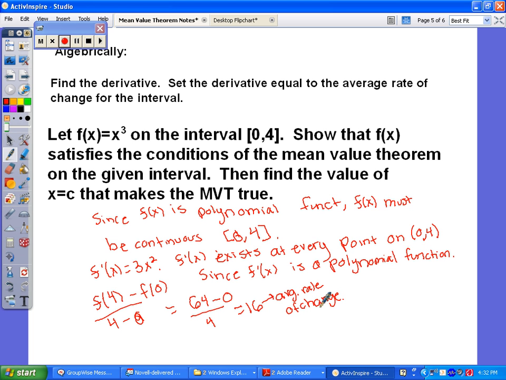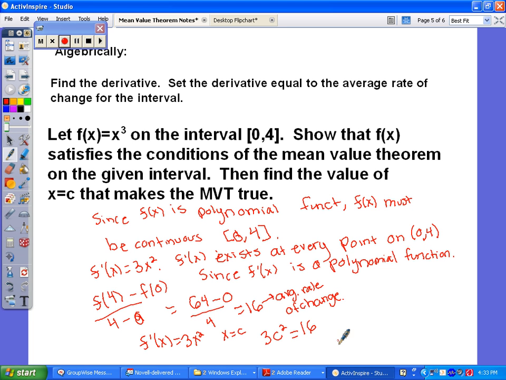And the mean value theorem says the average rate of change has to be equal to the instantaneous rate of change. So the instantaneous rate of change is the derivative. So the derivative is 3x squared. We're looking for a specific value, so we can say that specific value is c. So if we let x equal c, we have 3c squared. And that has to equal the average rate of change by the mean value theorem. So this is the instantaneous rate of change, and this is the average rate of change. And we want to solve for the c value that makes it true.